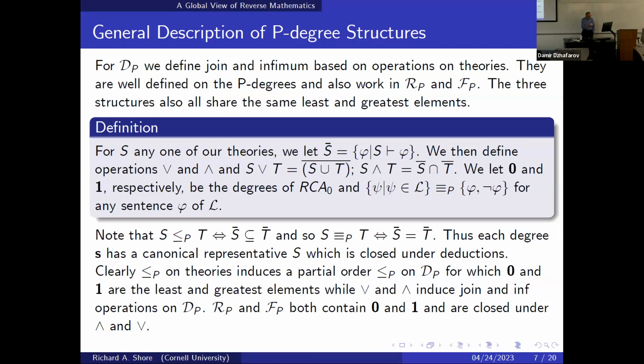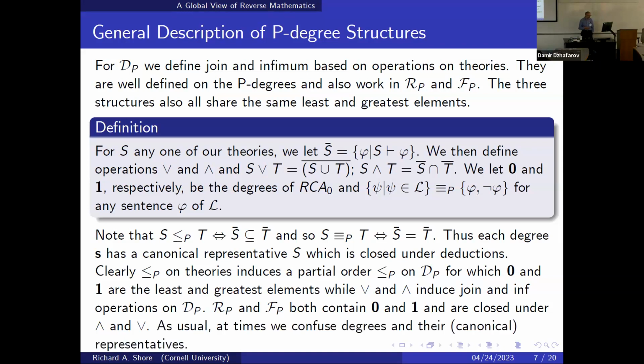So that's what DP is, and the axiomatizable and the finitely axiomatizable are both distributive lattices with 0 and 1 as well.